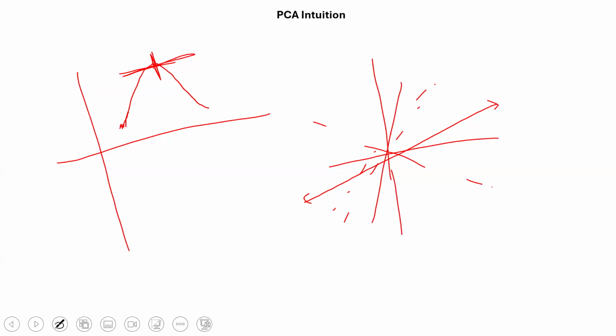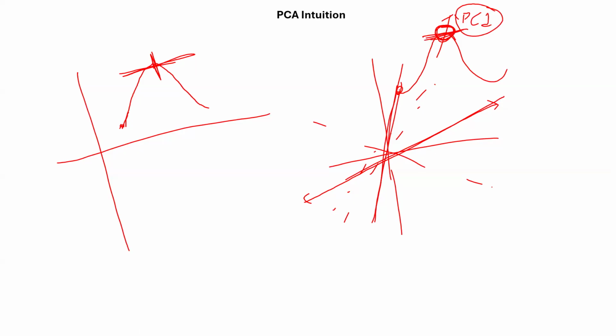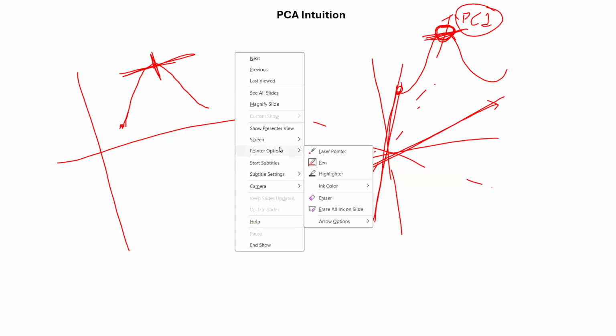So when you keep on rotating this line, the variance grows to a maximum at some point, and then again it is decreasing. So we are interested in this point. That is where you will get your PC1, or the direction which will have the maximum variance. That maximum point we are trying to find out. That's the reason we learned about finding the maximums and minimums. Now let's come back to the intuition and apply these concepts that we have learned.